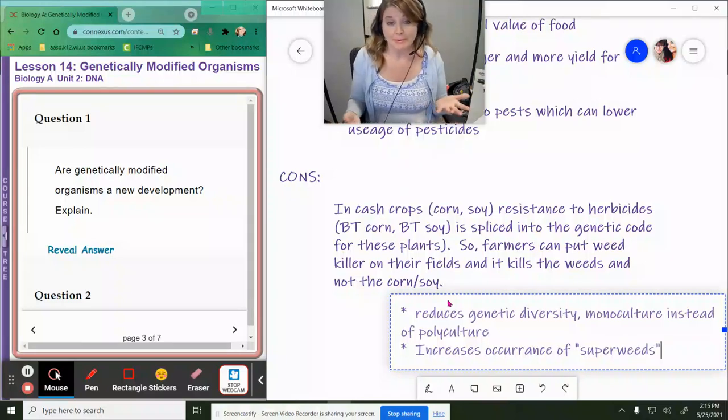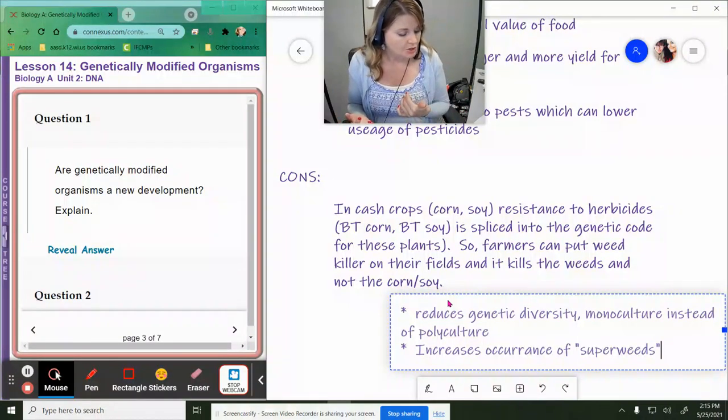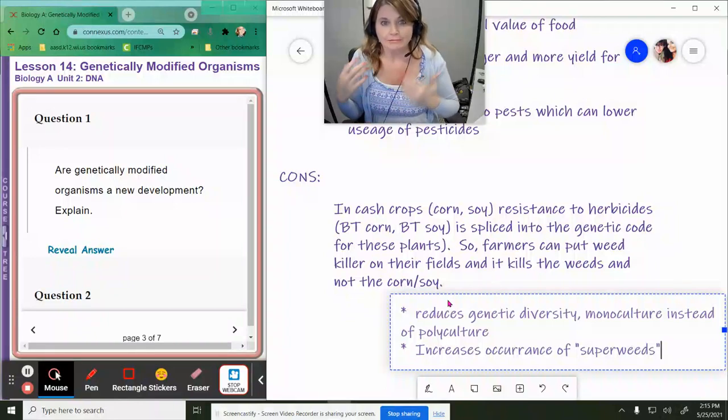We've talked about superbugs in biology, like antibiotic resistant bacteria. Superweeds are herbicide resistant weeds. So they apply herbicide, and these weeds become resistant to the herbicide, so they have to keep applying more and more of the herbicide to have the same effect to kill the weeds, and you're just increasing the pesticide usage over and over again.